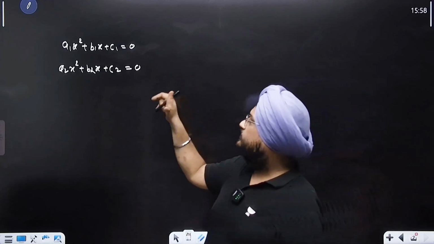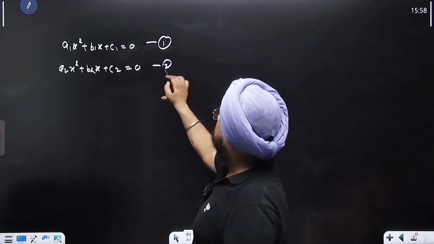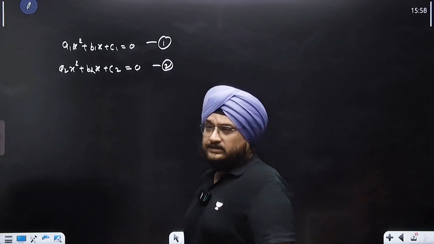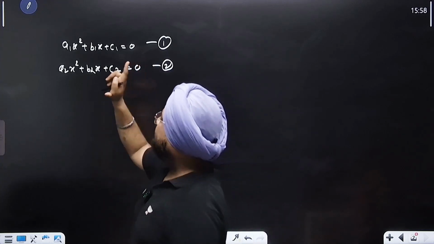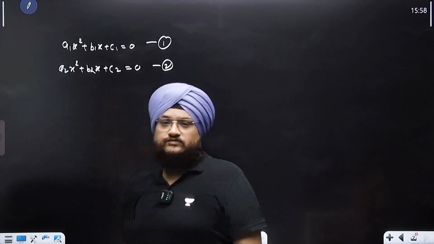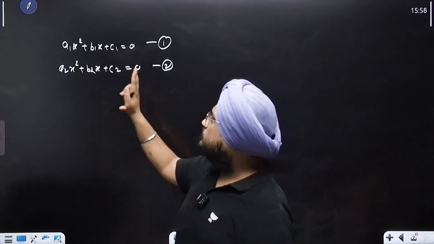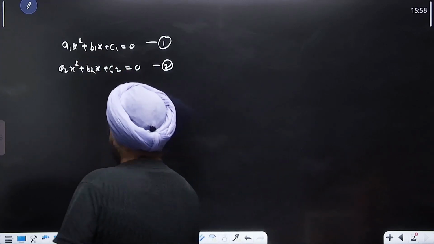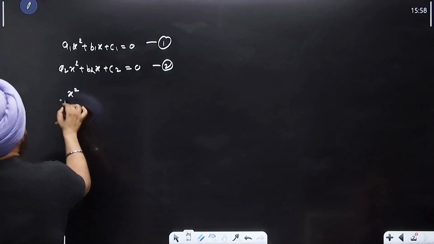If the two equations have a common root, then there exists a value of x which satisfies both these equations. Now I can solve both these simultaneous equations using the cross multiplication method.